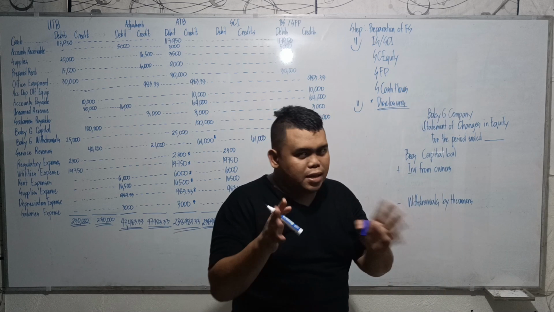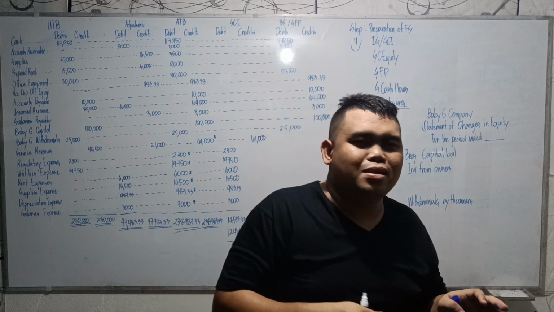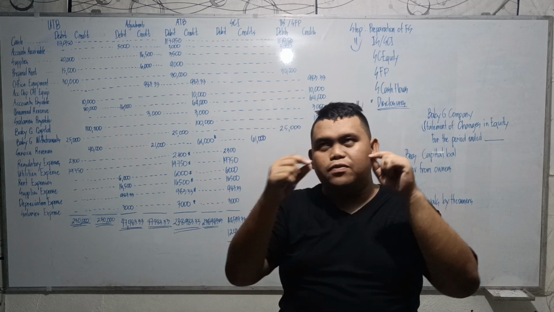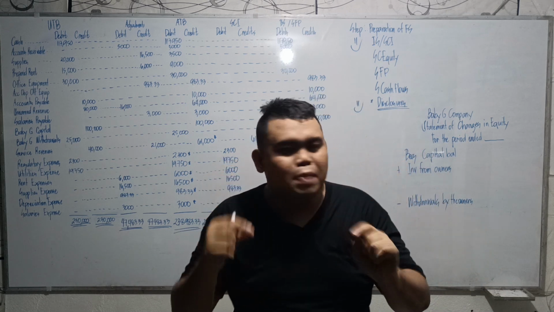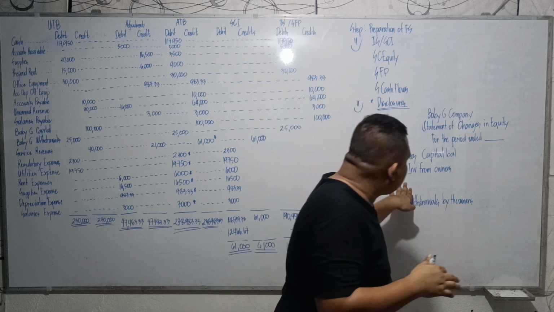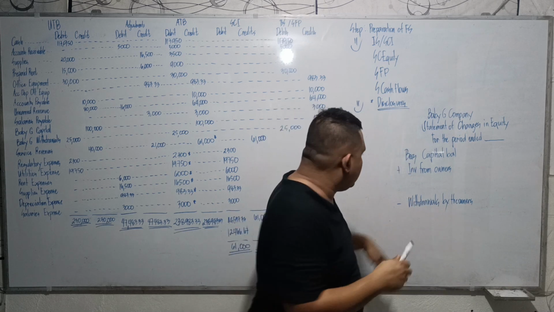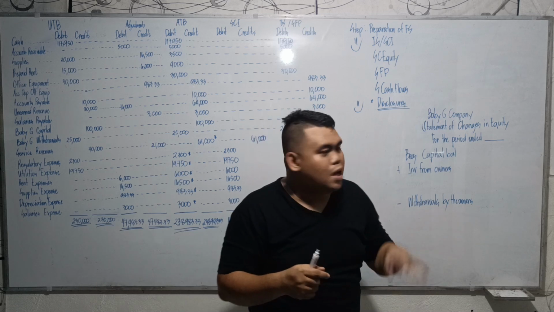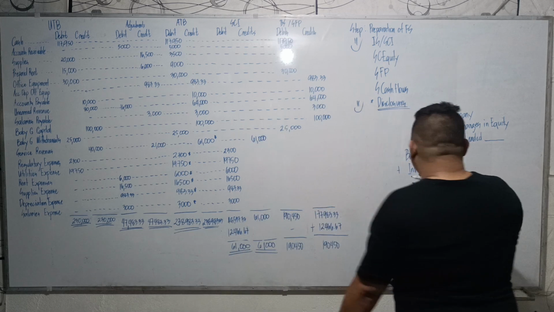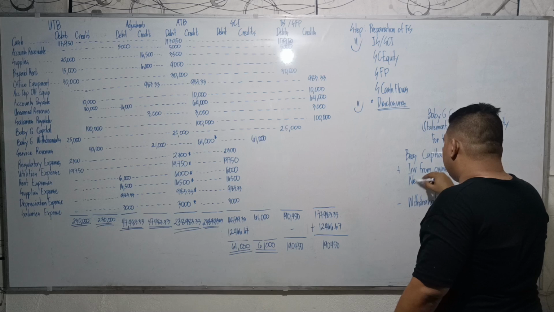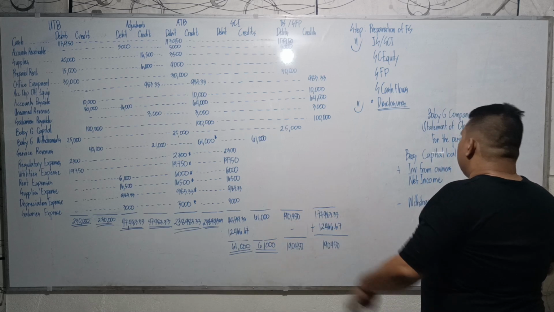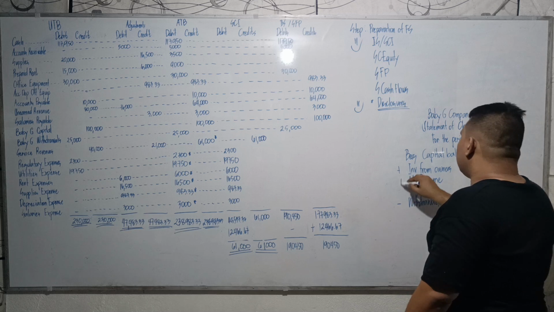Okay? But since on the income statement a while ago, or the statement of comprehensive income, we have already summarized the revenues and expenses, what we're going to put right here in the statement of changes in equity is the summary already of the revenues and the expenses, which is, for example, if it is positive, like in our illustrative problem, net income, you're going to add that. Okay?